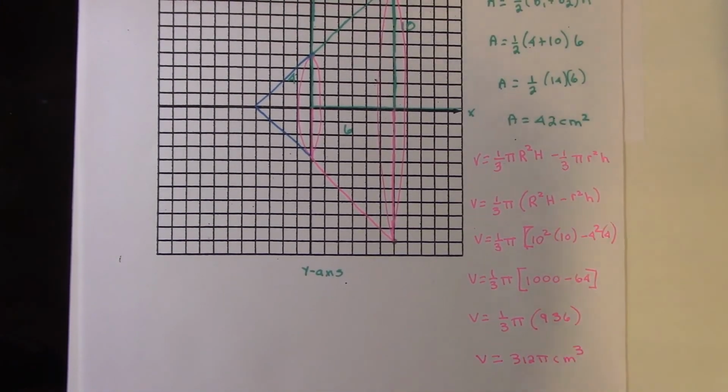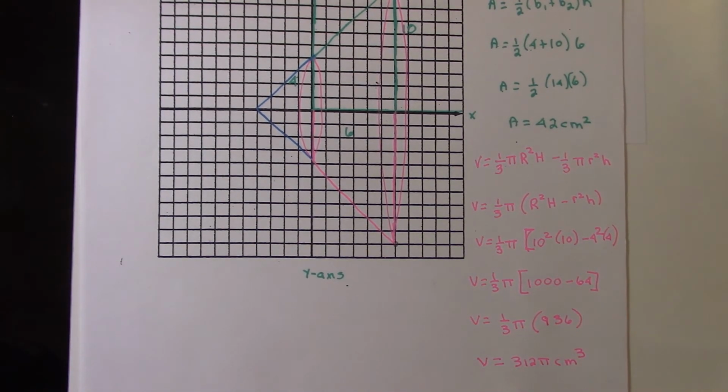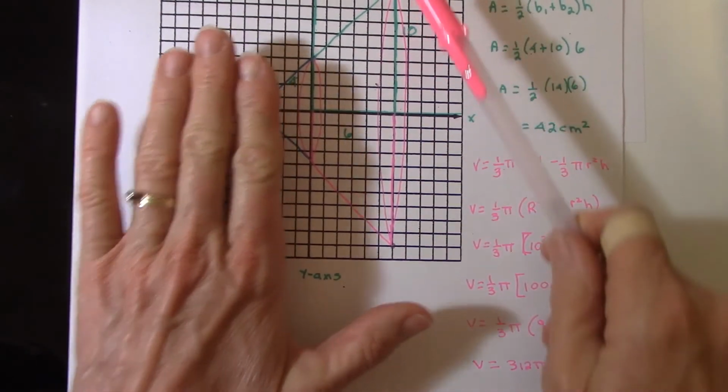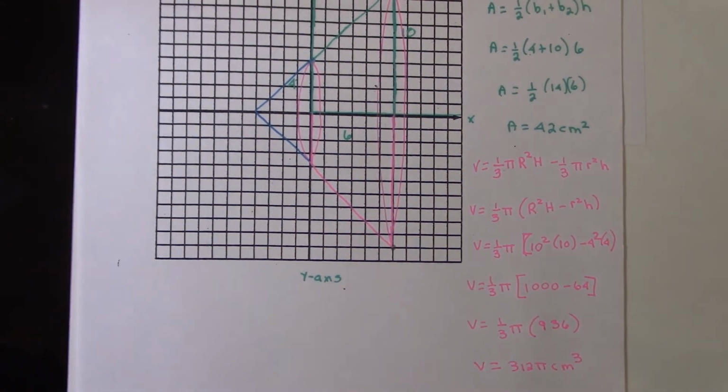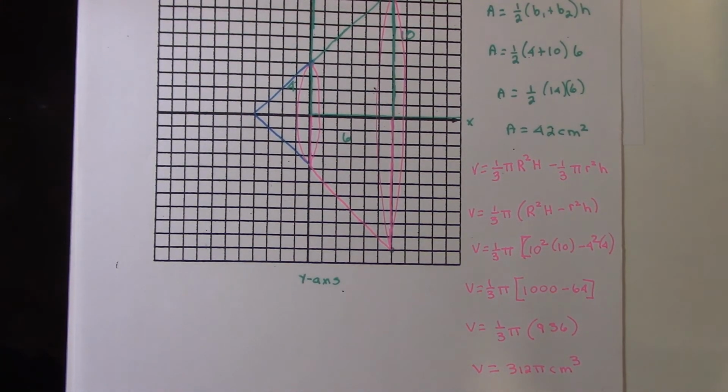So the way that I solve this problem to find the volume is I'm missing the top part right here. So I have the bottom, so what I did is I found the volume of the whole cone and took away the top. And that's how I found the volume.